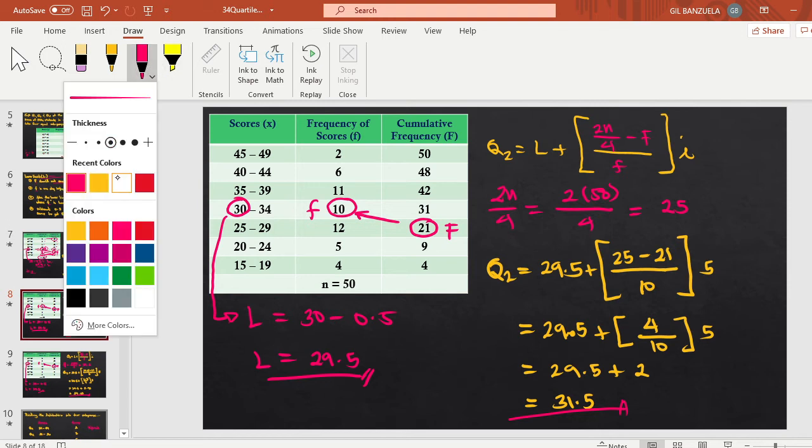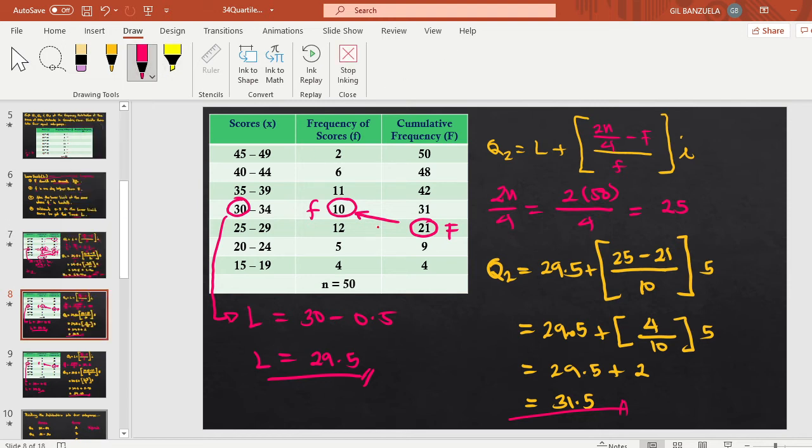So let's get quartile number 2. Again, for recall, the cumulative frequency came from the smallest score from the frequency of score. So we simply copy 4, then look on the left side, so we add. The operation is addition.